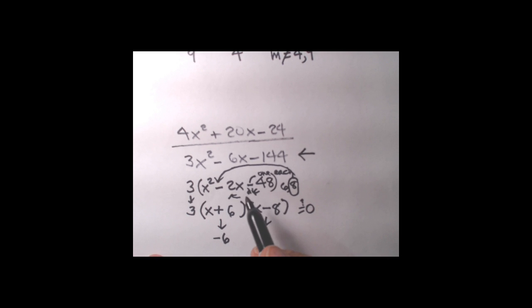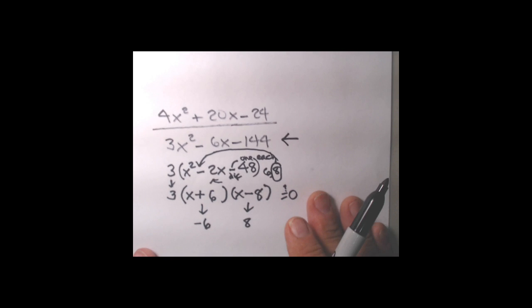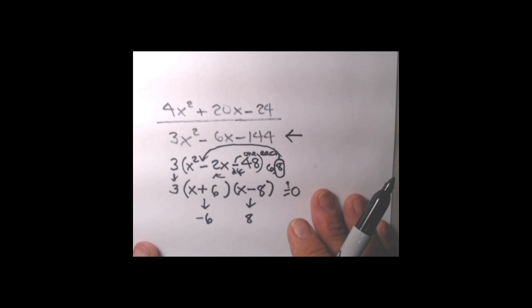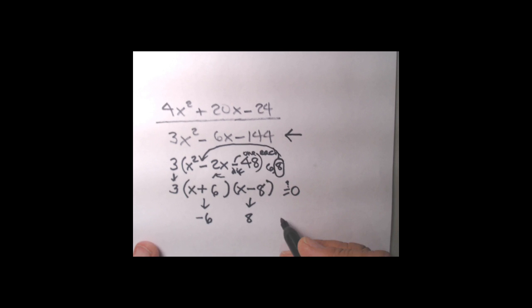So these are the two values of the variable x that we would not allow in this original expression. And so we could say simply x cannot equal negative 6, comma 8. Those are the two values we would not allow. Once you know how to do it, finding excluded values is not a difficult thing to do at all.